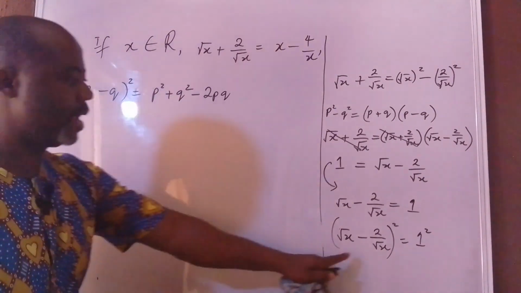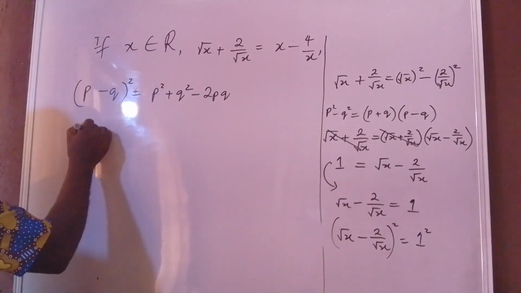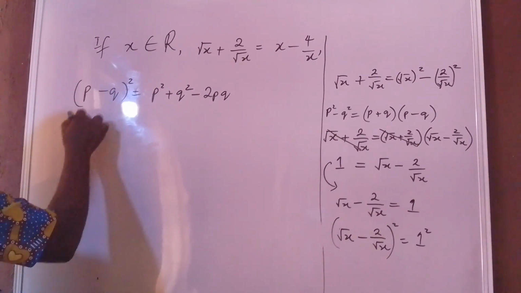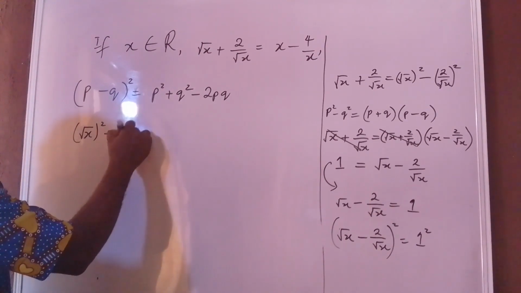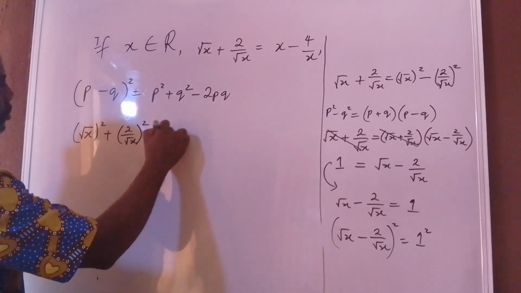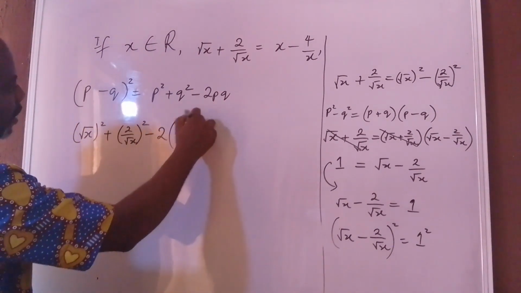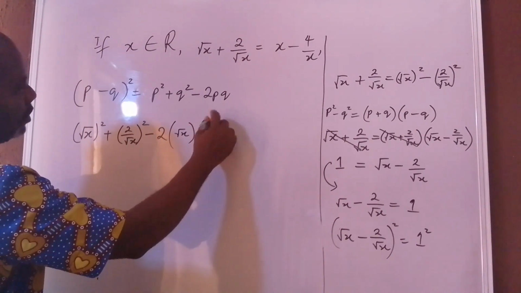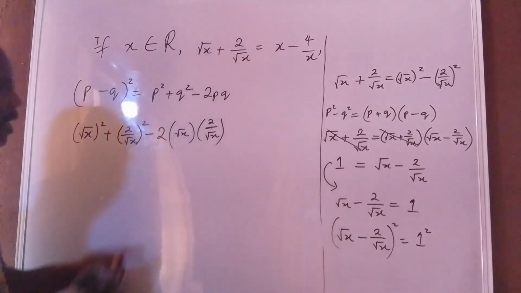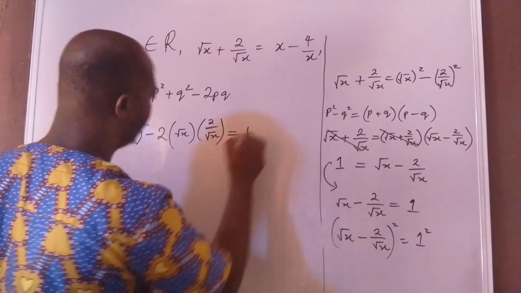So this law applied to the left will give square root of x squared plus 2 over square root of x squared minus 2 times square root of x times 2 over square root of x. And then of course it's going to give me 1.